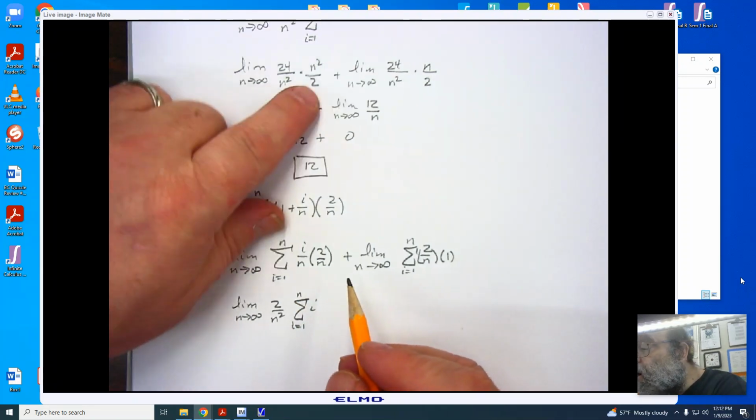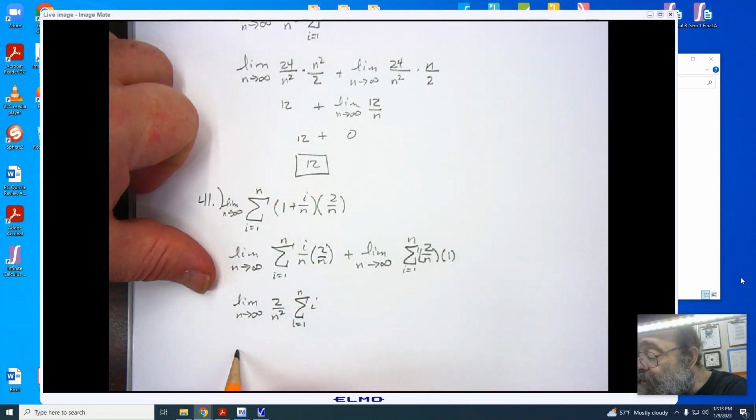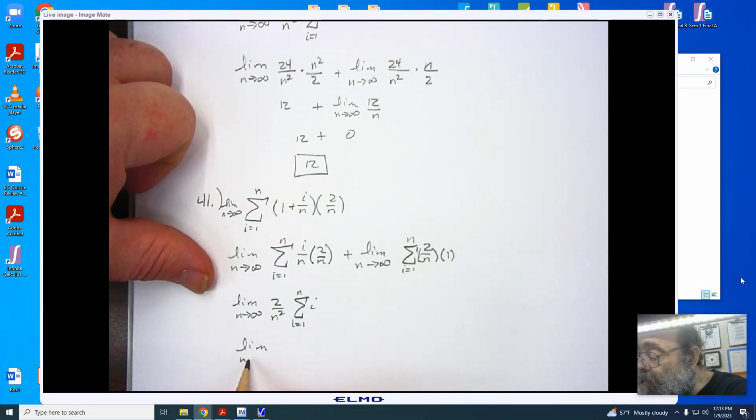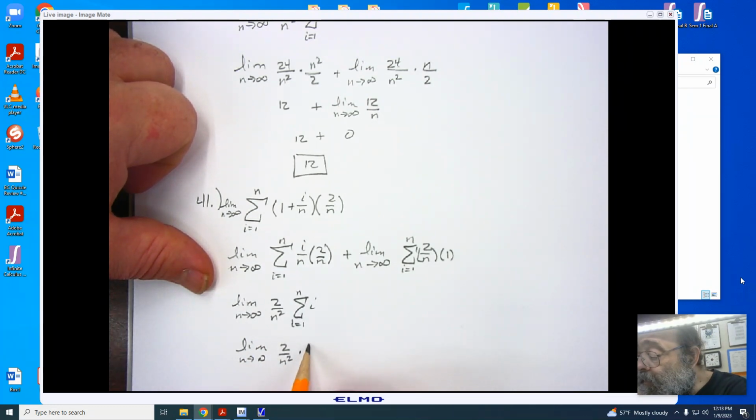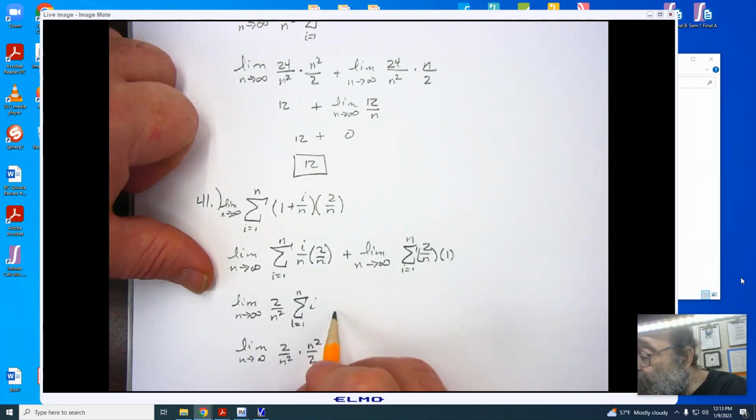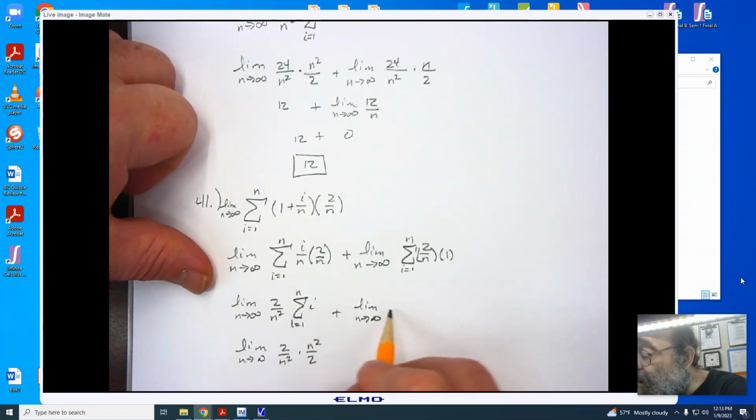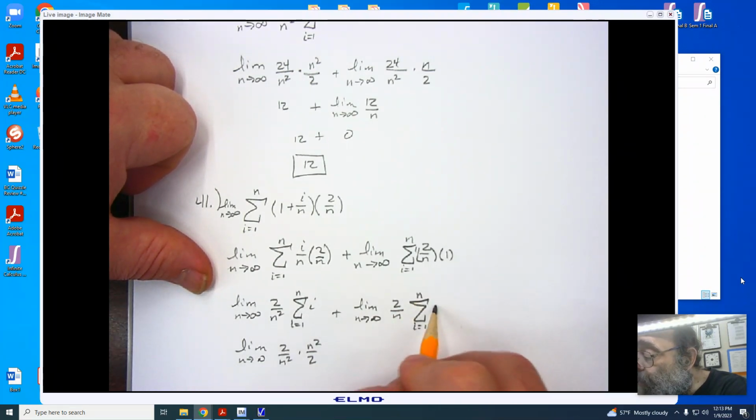But we're only going to work with the n squared over n as our substitution. 2 over n squared over 2, limit as n is approaching infinity. This is 2 over n of 1.